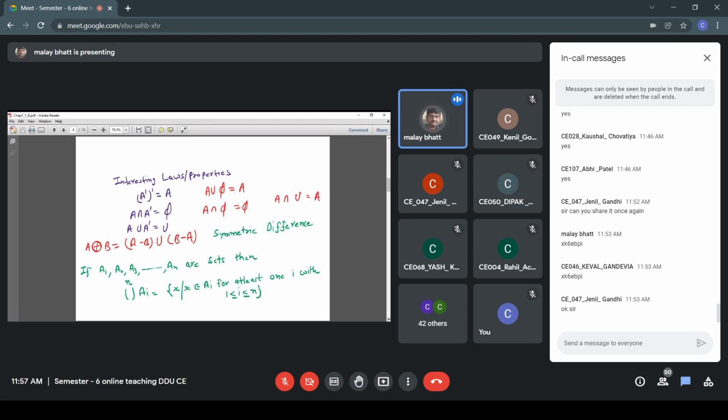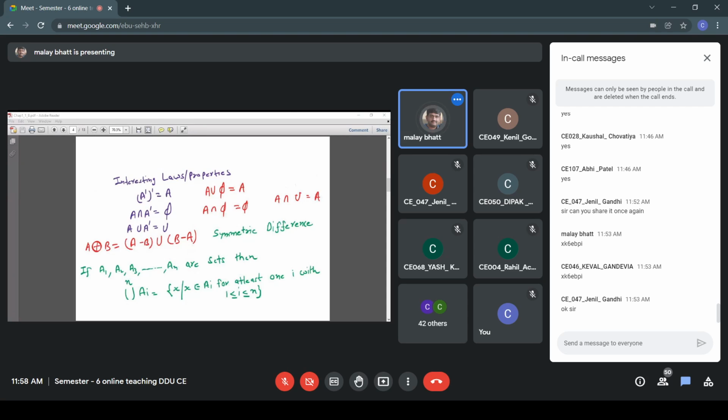Now if we have more than two sets, we represent the union of all the sets with a capital U, i equal to 1 to n, A of i. We write it as {X | X belongs to A_i for at least one i}.